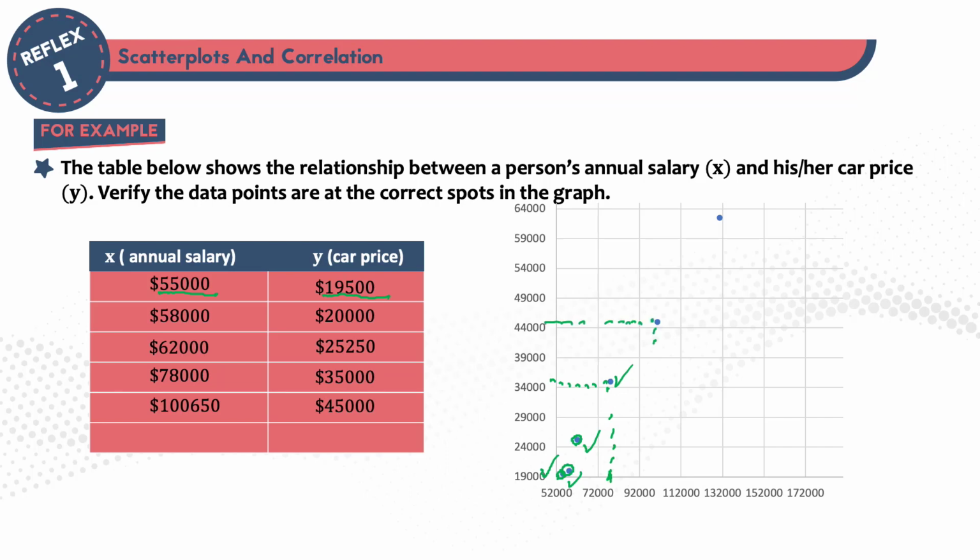Yep, and over 100,000. That's about right. One more entry, $130,500 salary correlated to a $62,500 car. So that would be this point, and that's correct. Done.